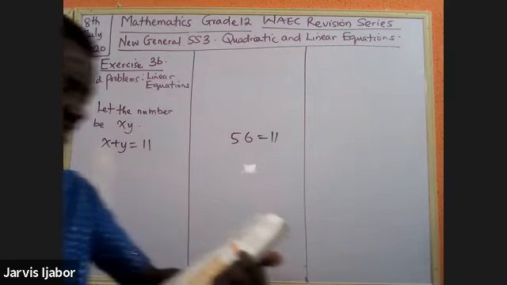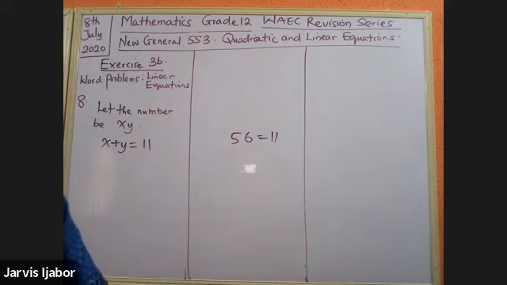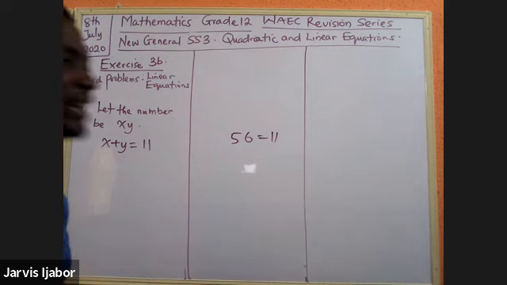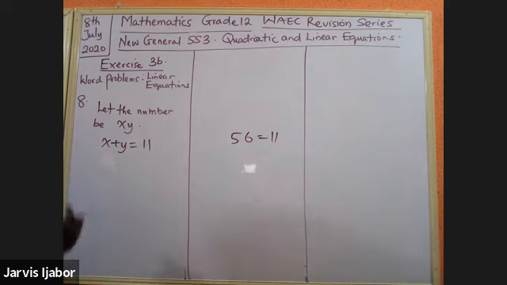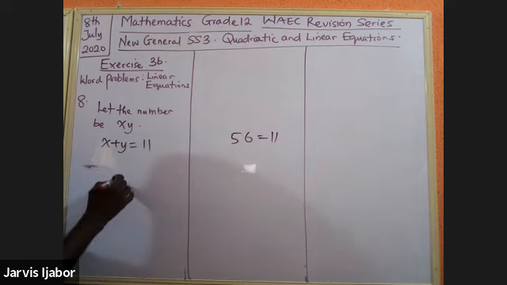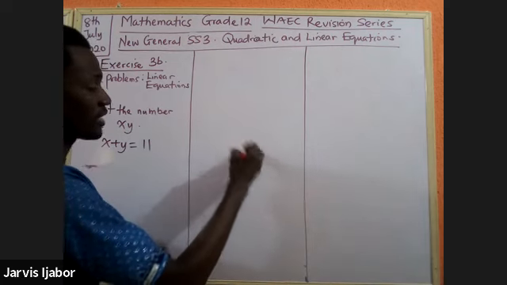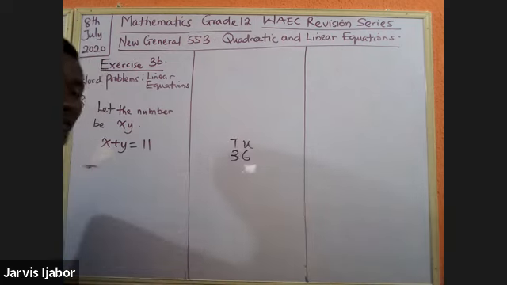The next statement says if the digits are interchanged, the number decreases by 9. Now, remember that for numbers, there is the tens digit. From your knowledge of primary school, if I have a number like 36, it's actually tens and units. Is that not? Tens and units.